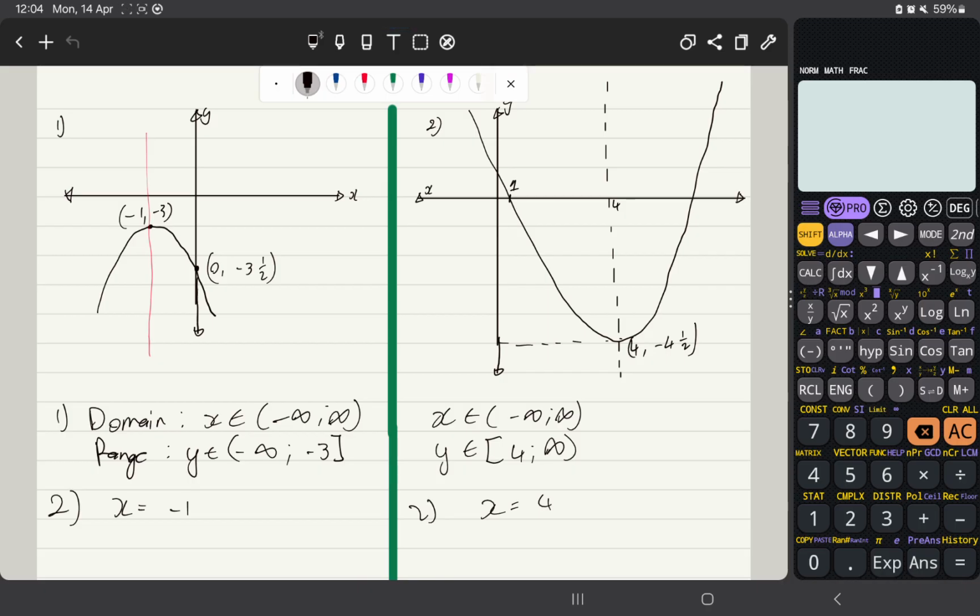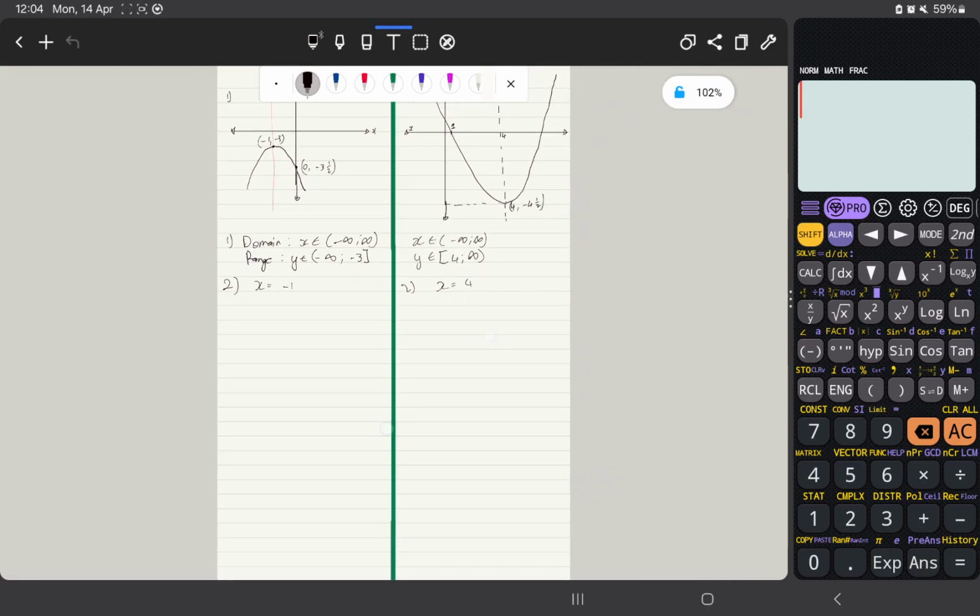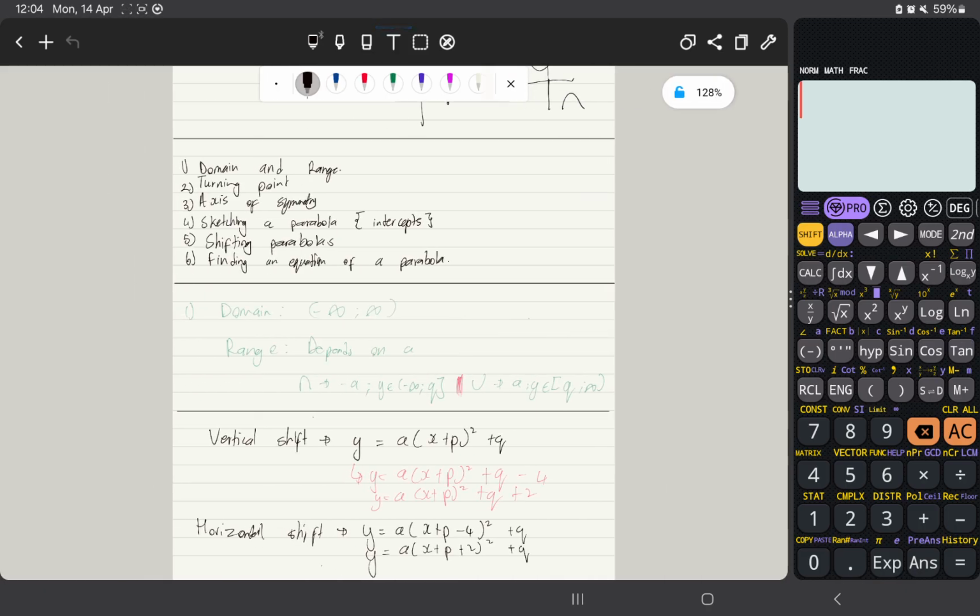But the shift that matters the most is the shift on the equation. If you're doing the shifts on the equation, that's the most interesting one. But also learn to shift them by drawing them. It's quite easy.